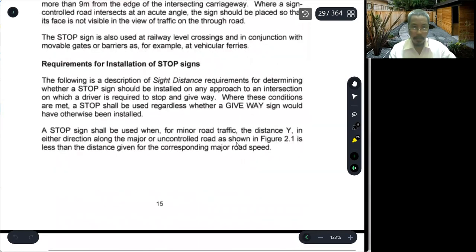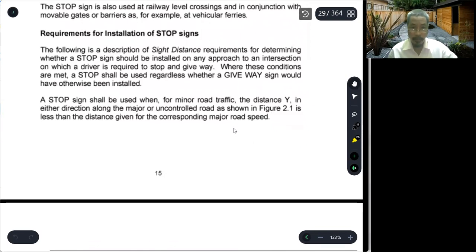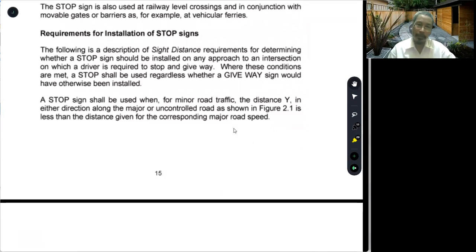Requirements for installation of stop signs. Sight distance requirement. So we have to design, calculate, or estimate sight distance for determining whether a stop sign should be installed on any approach to an intersection on which the driver is required to stop and give way.